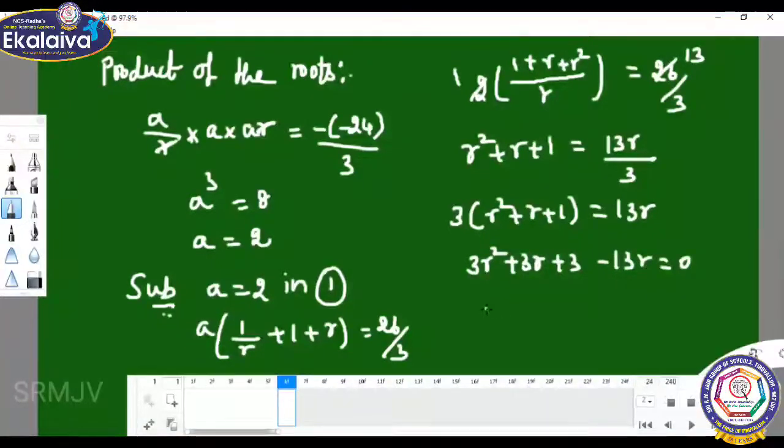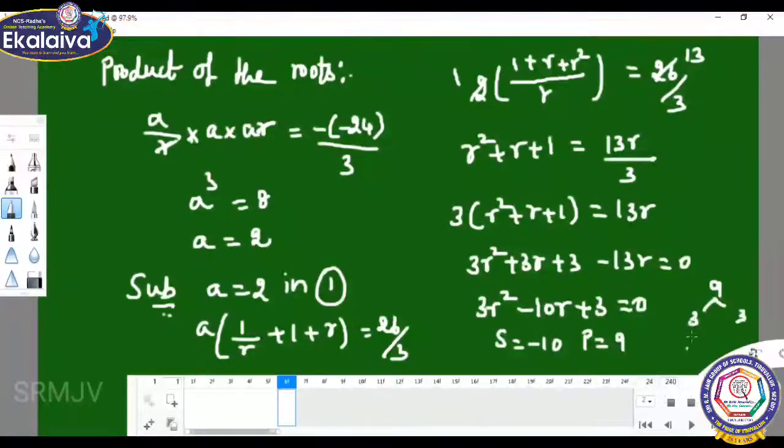So 3r square minus 10r plus 3 equals 0. Sum equals minus 10 and product equals 9. Three threes are 9 and 9 ones are 9. The possible values are minus 9 and minus 1.